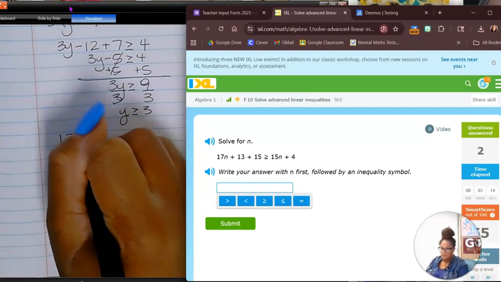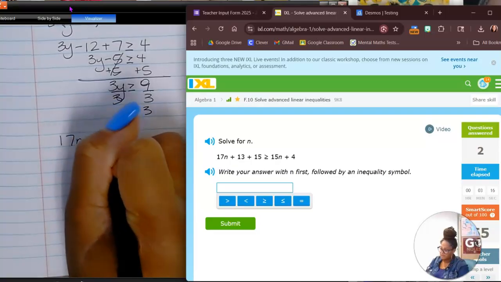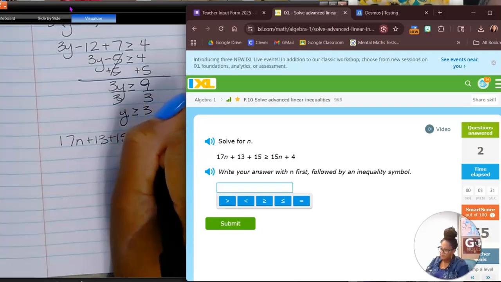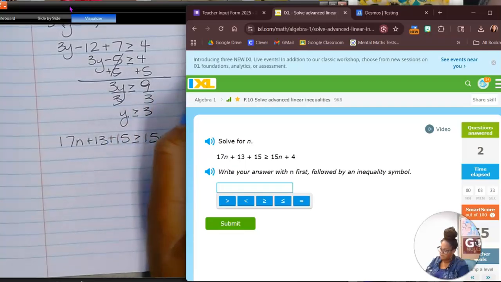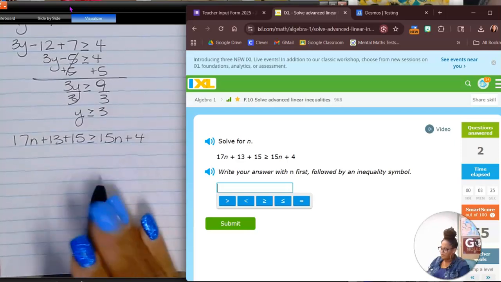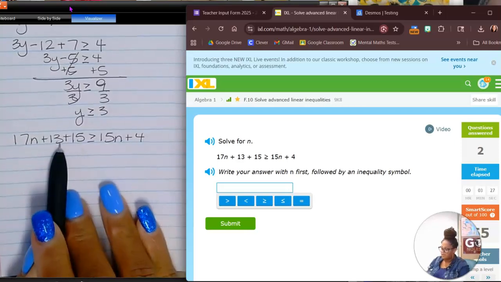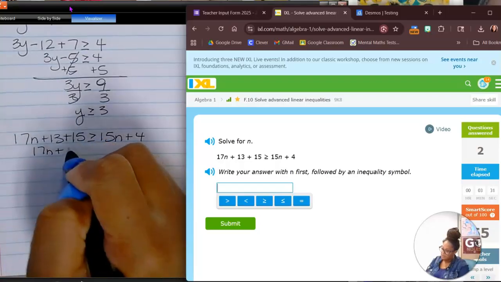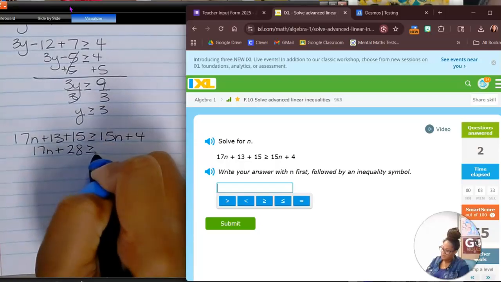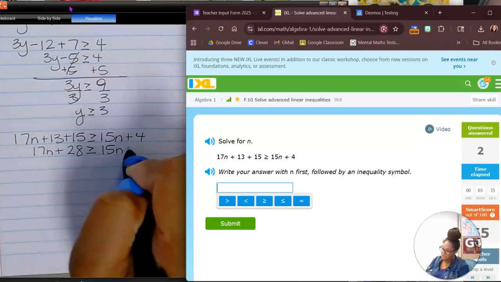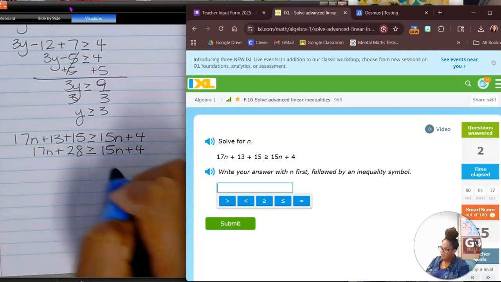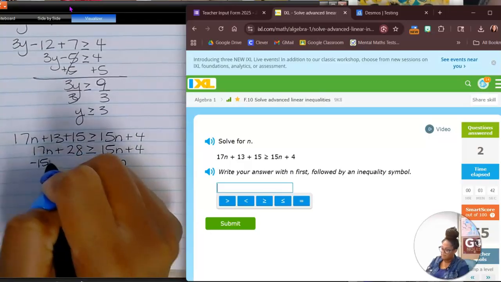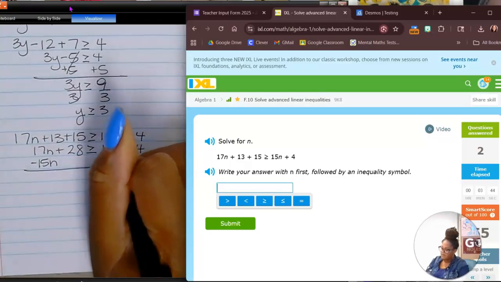17n plus 13 plus 15 is greater than or equal to 15n plus 4. We're going to combine these together. So this will be 28. So this is 17n plus 28 is greater than or equal to 15n plus 4. I would subtract 15n from both sides. These cancel out.